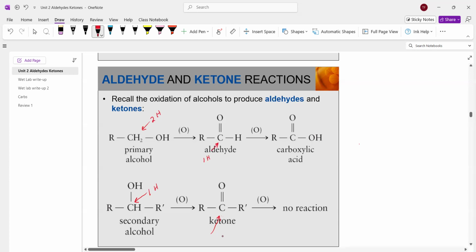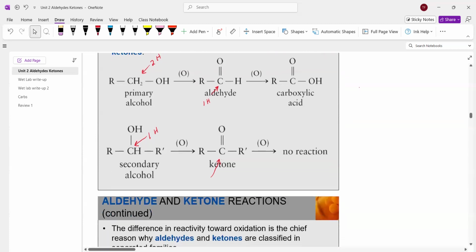The aldehyde has an H there that can be oxidized, and the ketone has no H there, so it can no longer be oxidized. And of course, we have tertiary alcohols that have 0 hydrogens, hence there's no reaction.